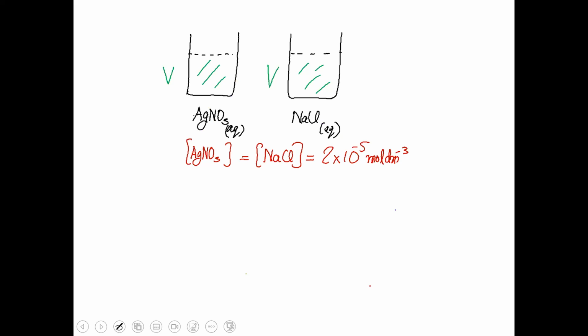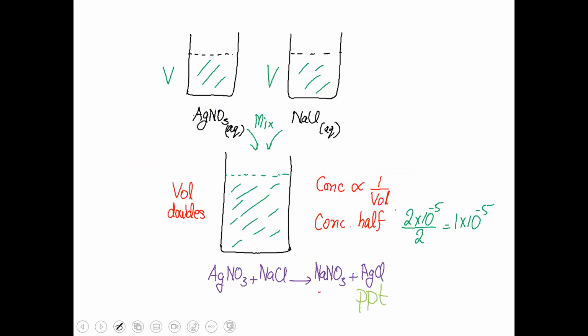When you mix them, the volume will double, so the concentration will be half. Then you make the equation and see whether silver chloride precipitates or not. So did you combine them and make the volume half? Oh, sorry, volume double? Yes.